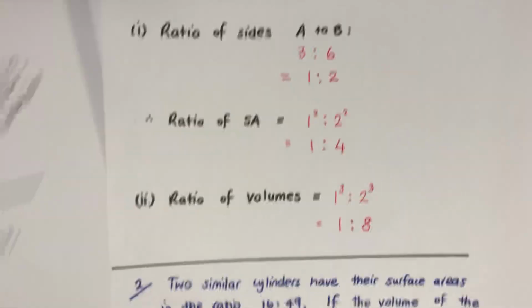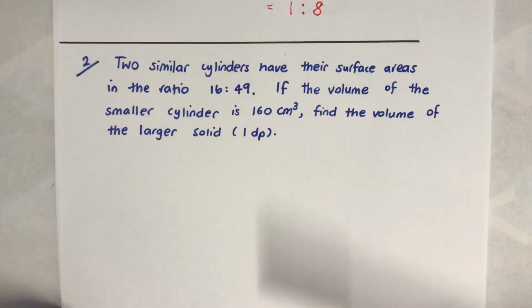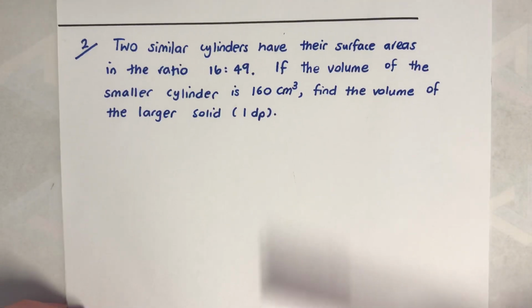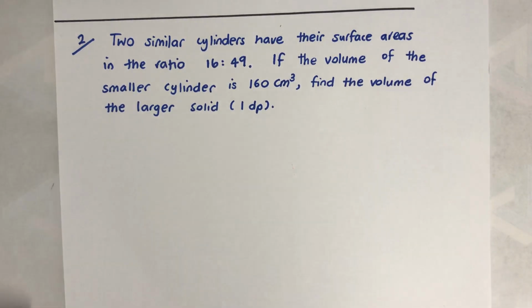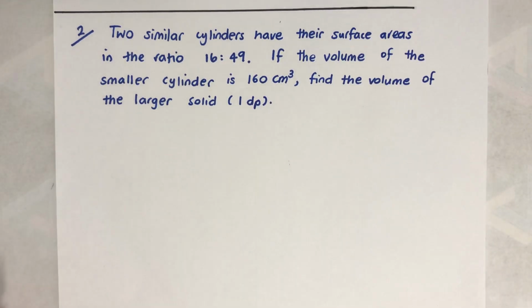Okay, so next, question 2. Two similar cylinders have their surface areas, now this time it's not sides, it's areas, in the ratio of 16 to 49. If the volume of the smaller cylinder is 160 cubic centimeters, find the volume of the larger solid to 1 decimal place. Now I'm just going to sketch this first so that I can visualize what it looks like.